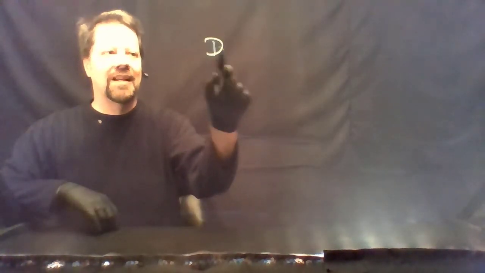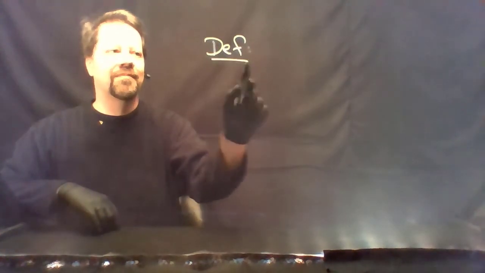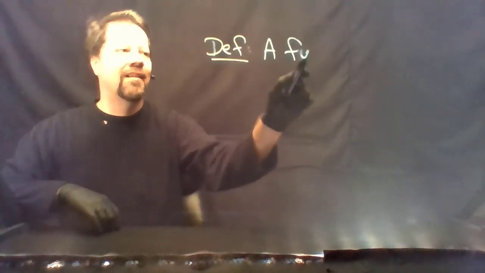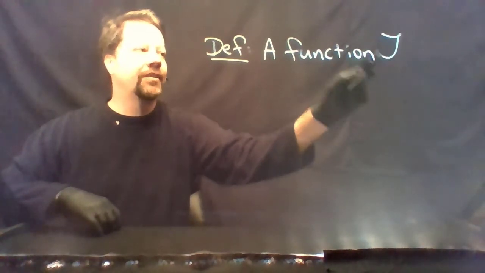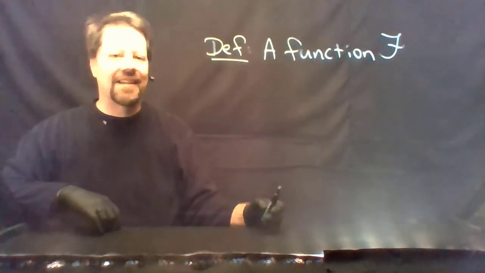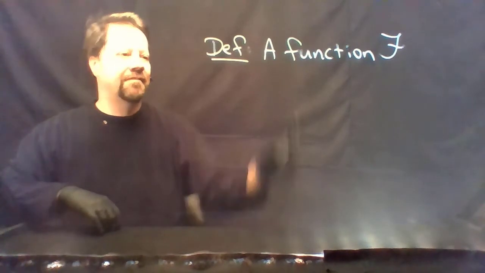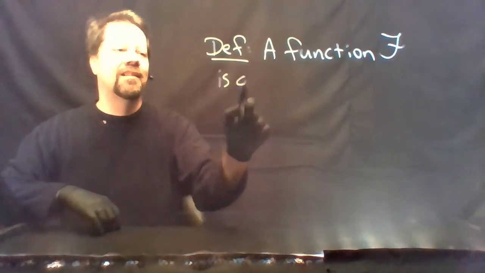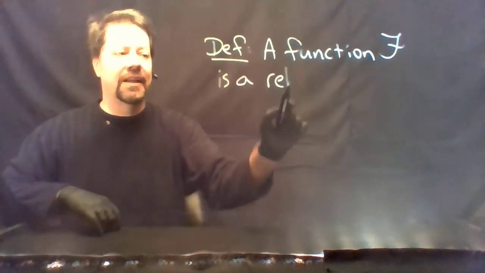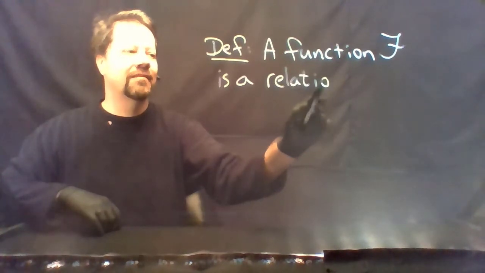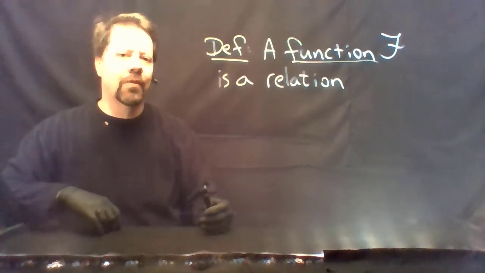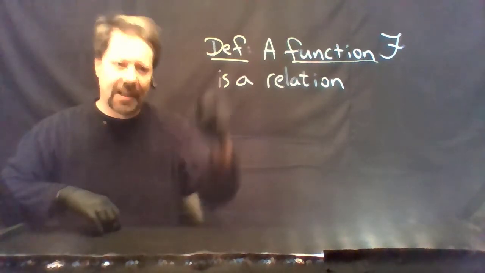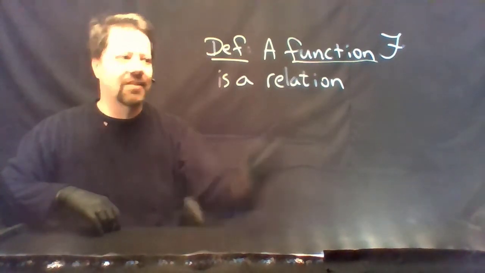So how do we formalize this into a definition? A function, which I'll denote by a fancy cursive capital F, is a relation. So a function is a collection of ordered pairs. It just has to satisfy that vertical line test.